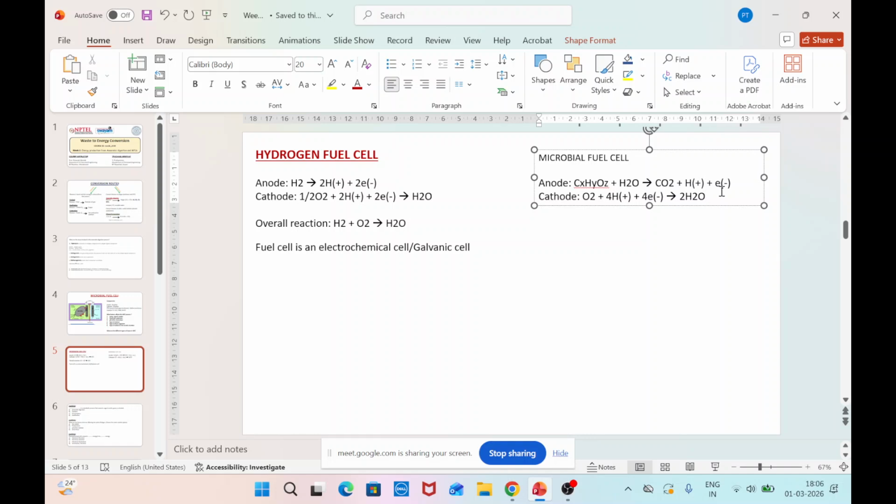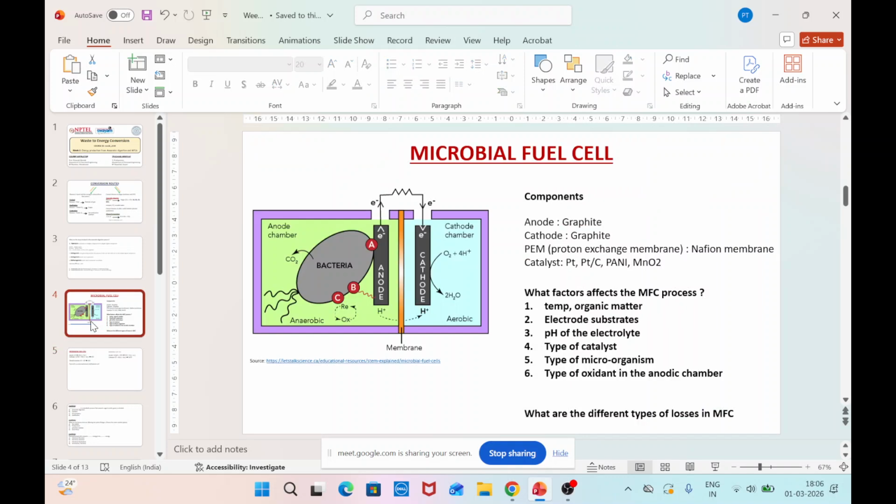Again, as I said, even in the case of the hydrogen fuel cell, even though the voltage that you can obtain is 1.23 volt, getting that particular voltage is often difficult. The major reason is that there are several losses that happen within the fuel cell. So let's look at the types of losses.